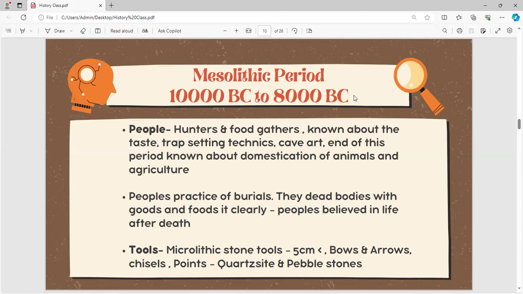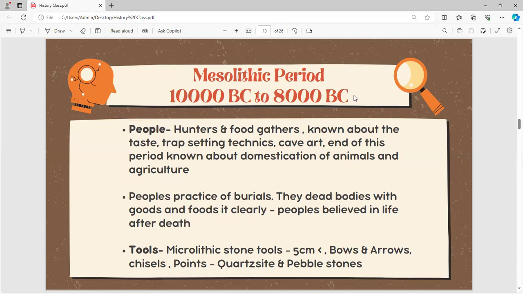And in this period, people practiced burials. Burial means they bury the dead bodies. At that time, they buried the dead bodies with goods and food. It clearly shows that people believed in life after death.